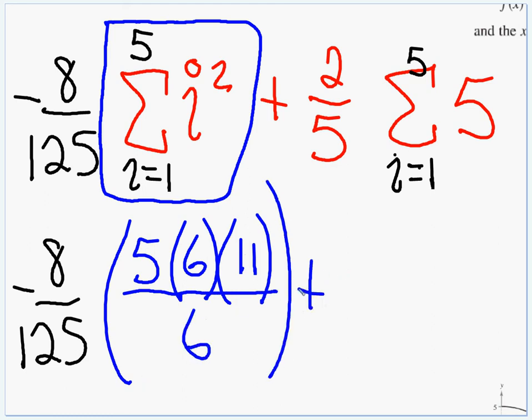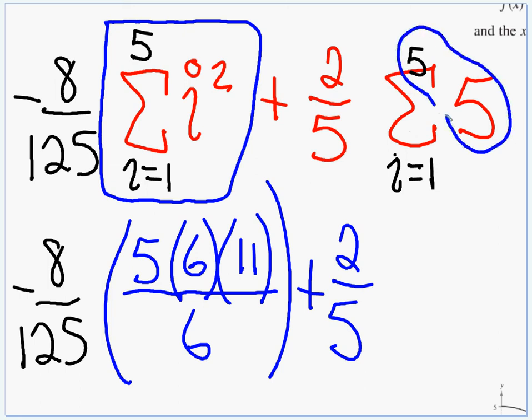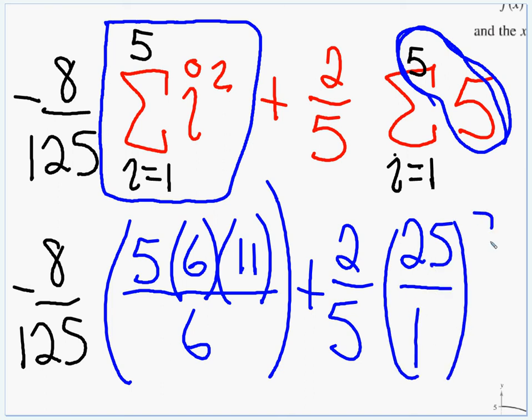Okay. Plus, next term here, we have 2/5. And remember the summation here, when that's just a constant, we multiply these together. So that's going to be 5 times 5 is 25. And I'm going to put it over 1 like so.